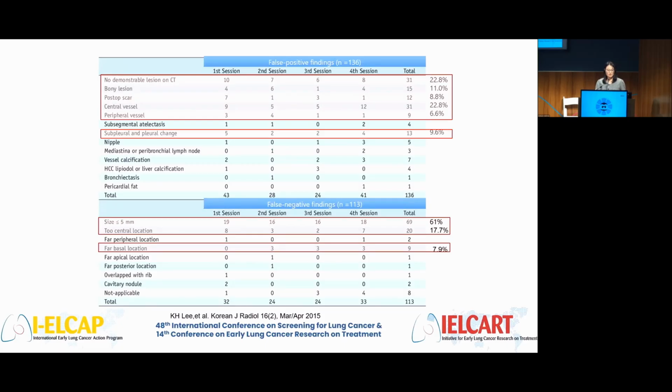The common reasons for false positive findings on DT are vessels in the central and peripheral regions, post-operative scar, bony lesions, and also subpleural and pleural change. For false negative findings, most cases in this study were sizes lower than 5 millimeter. For sizes larger than 5 millimeter, the lesion is in a too central and also far basal location.